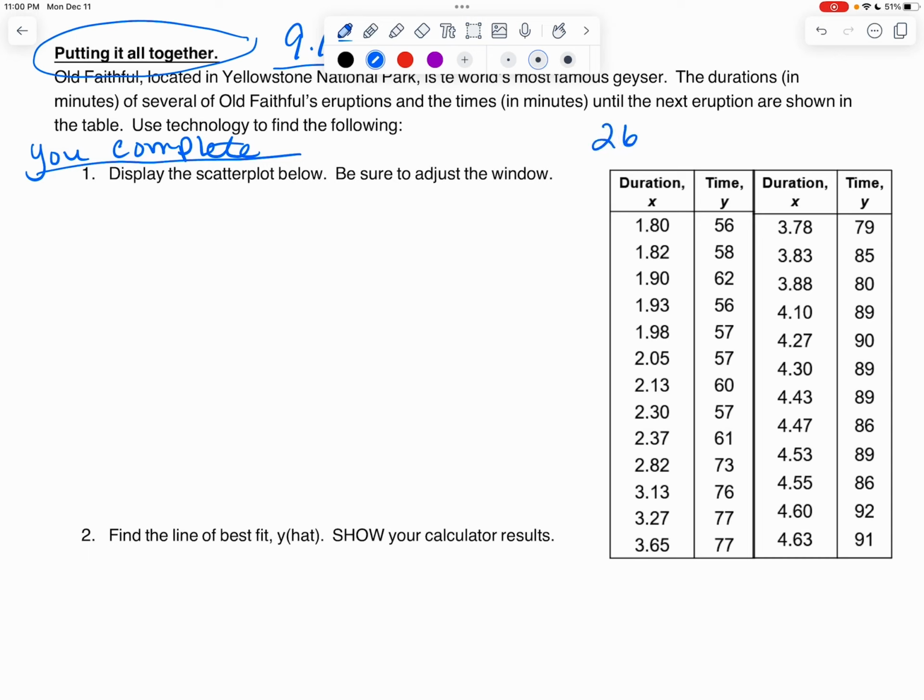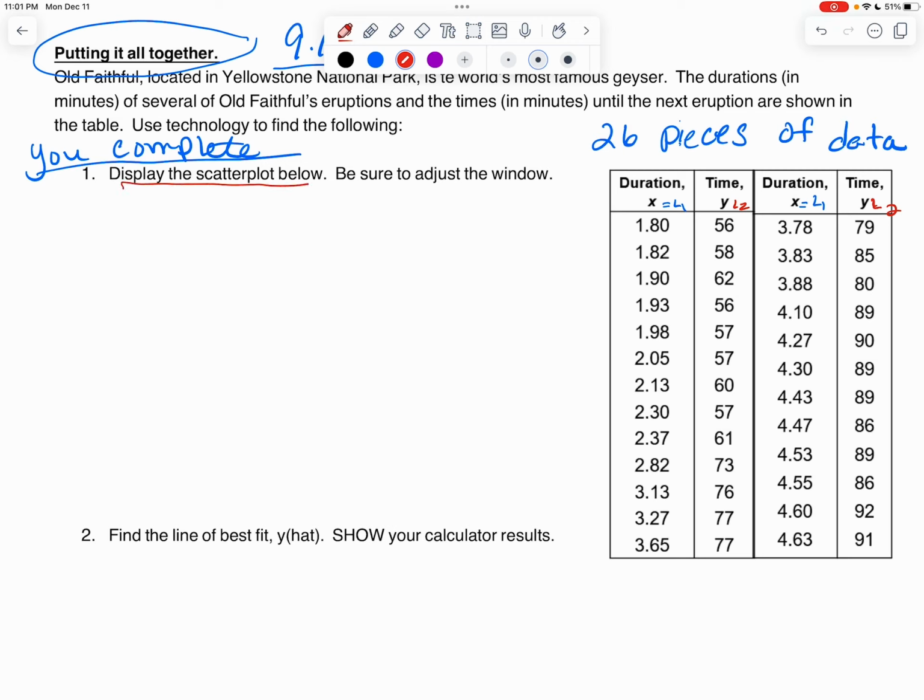So be careful when you put this into your calculator. Remember that x's are going to go in L1. Here's more x's that are going to go in L1. Your y's are going to go into L2. So you should have 26 L1s and 26 L2s. Be careful and make sure you enter the data correctly. Your calculator is only as smart as you are. So if you're entering the data wrong, you're going to get bad data out.